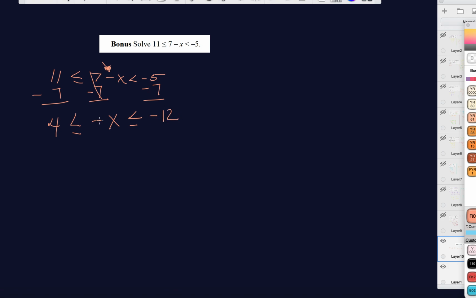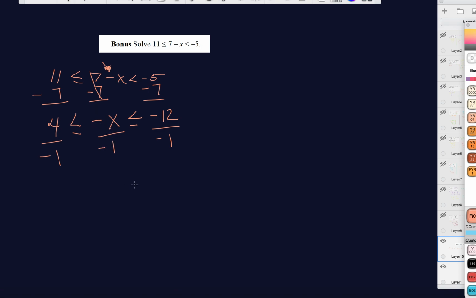And here's how this really works. You really think that x is going to be less than negative 12 and greater? No way. So we're going to divide everything by negative 1. Divide by negative 1. That gets rid of this negative.